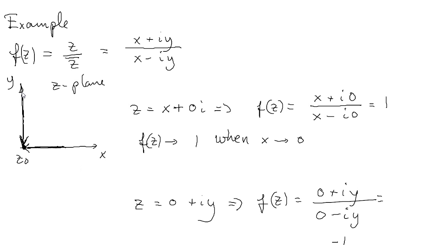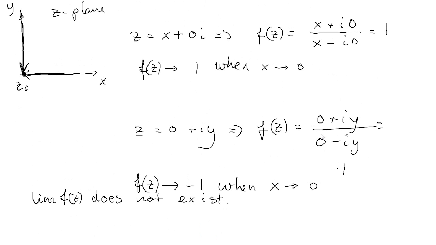If we are going through the point z0 equal to 0 from above, along the imaginary line, then the following happens. Then z has the x value 0, but the imaginary value is now an arbitrary value y. And in this case f of z is equal to this over this, which is not 1 but minus 1.